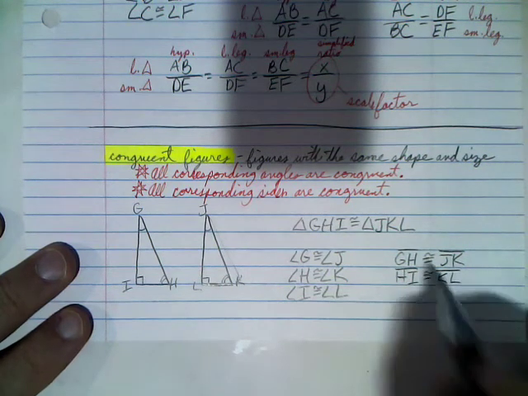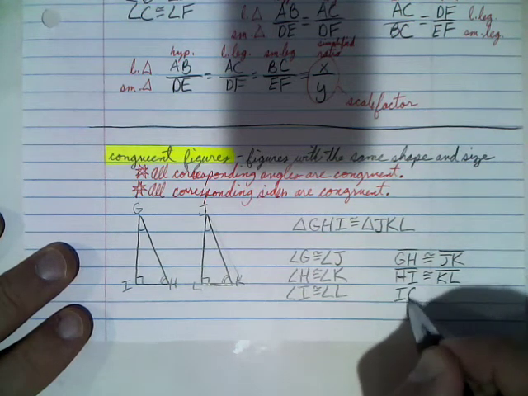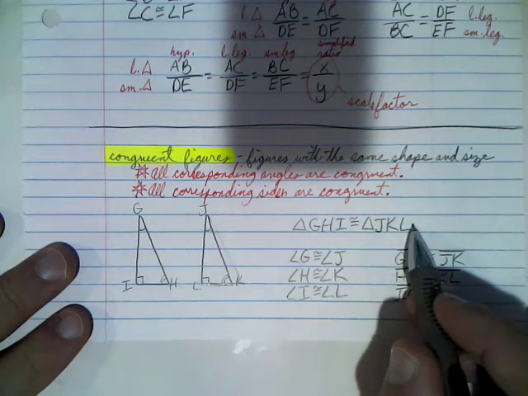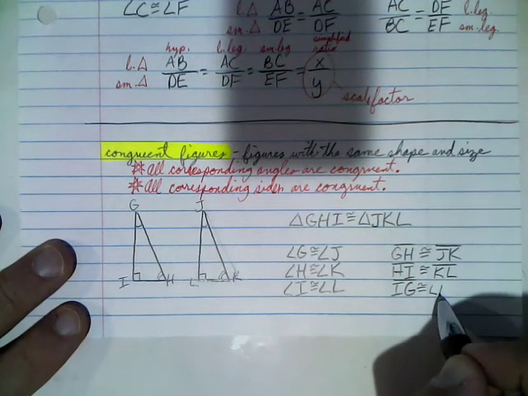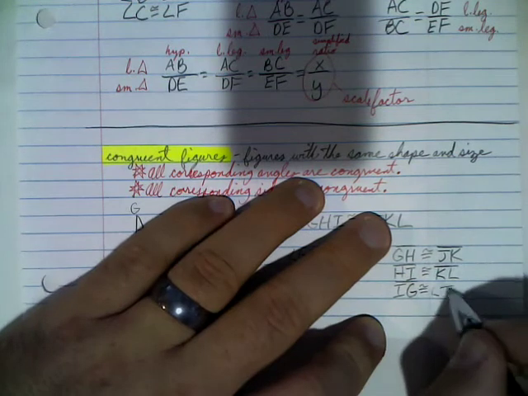If I have it wrap around, so the third wraps around back to the first, segment IG is congruent to, and again, take the last and wrap around to the first, segment LJ.